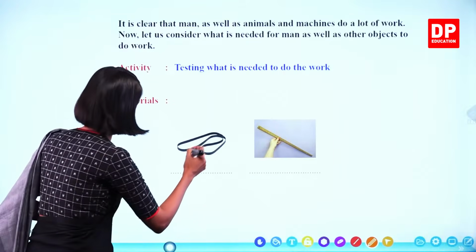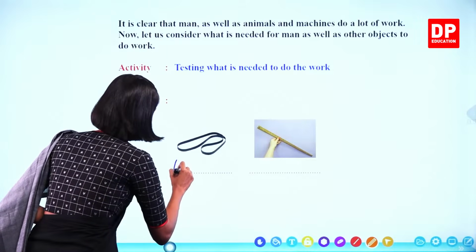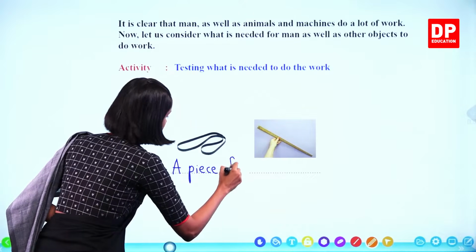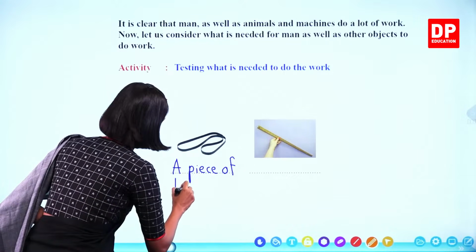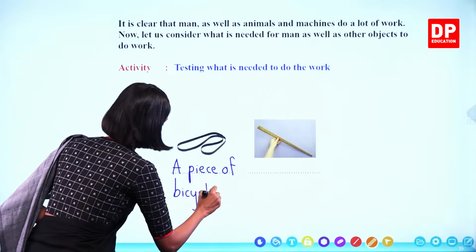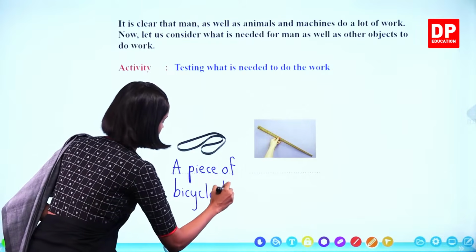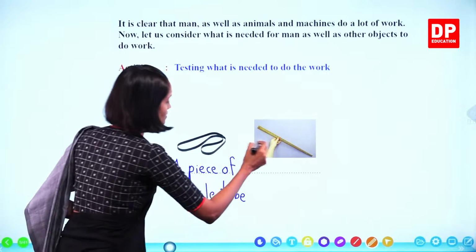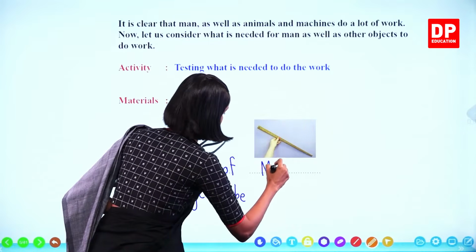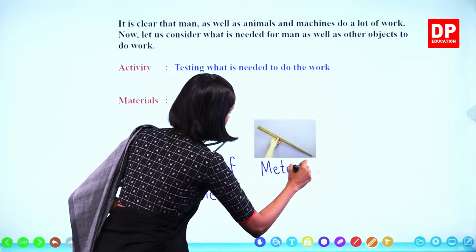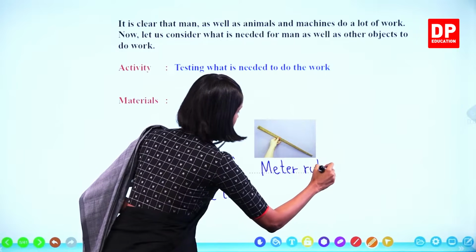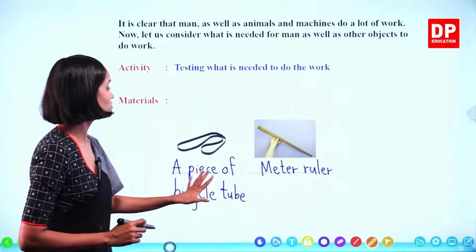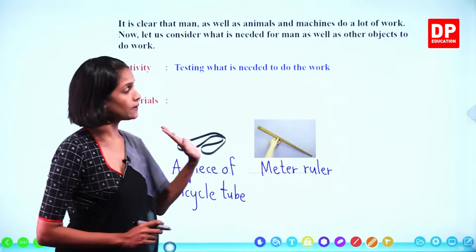Let's write a piece of bicycle tube and meter ruler. A piece of bicycle tube and a meter ruler, okay?